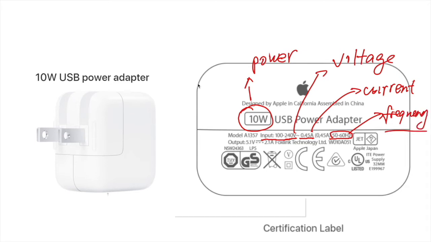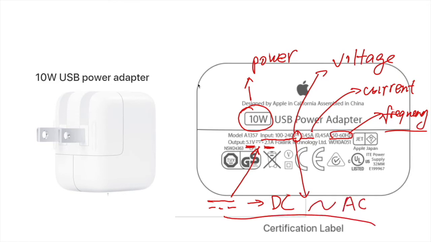And the output is 5.1 volts, that's the output voltage, and 2.1 ampere, that's the output current. And this symbol represents DC, and this symbol represents AC. We will talk about this in detail in the following lecture.